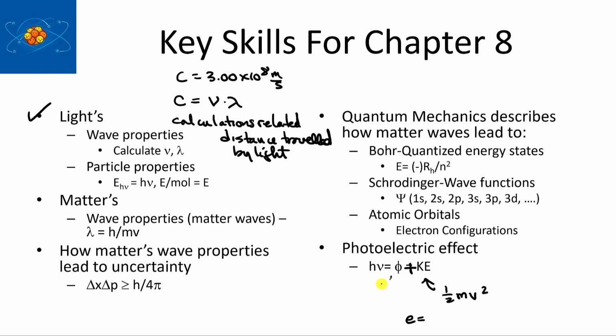And this is the binding energy. So we've got that. And you could also calculate the binding energy, but you have to remember that you have this relationship to work with, and that the kinetic energy is related to the velocity of the electron. The binding energy is how strongly it's held.